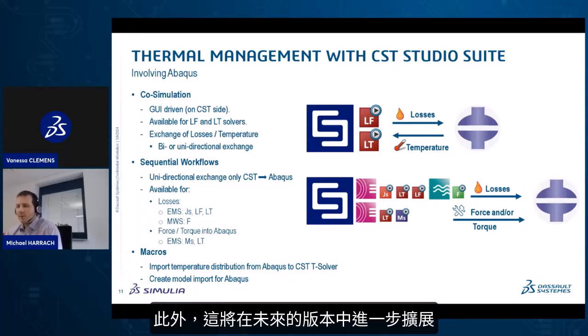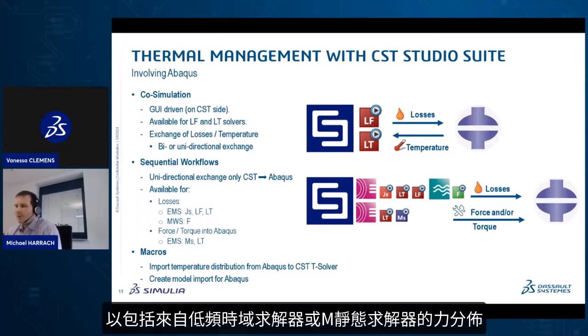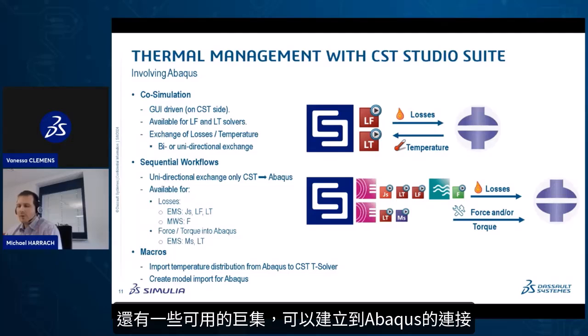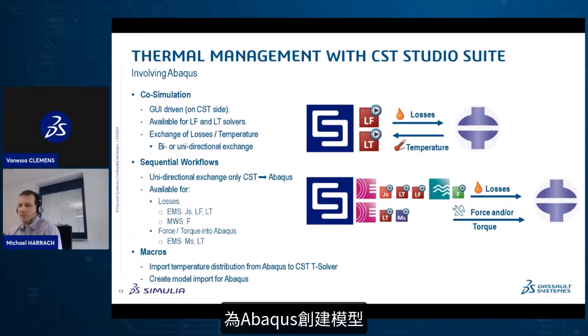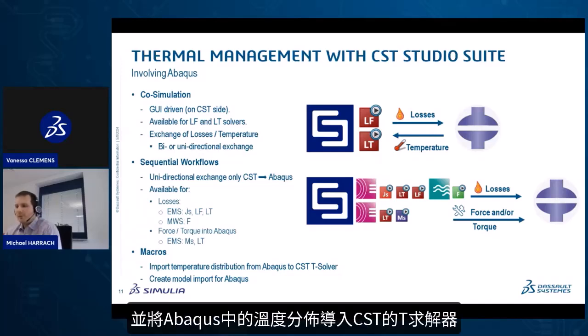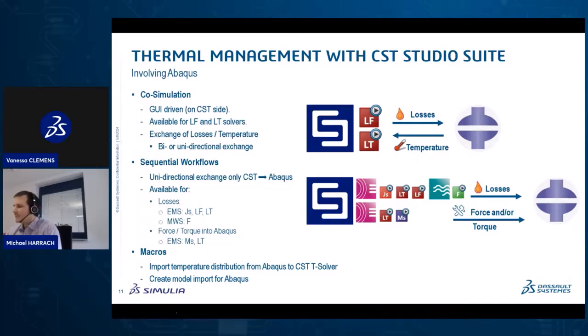This will be extended further on in the year to also include force distributions when coming from the low frequency time domain solver or the M-static solver. There are also a few macros available that can forge connections to Abaqus, create a model import for Abaqus, and import temperature distributions from Abaqus to the CST T-solver.